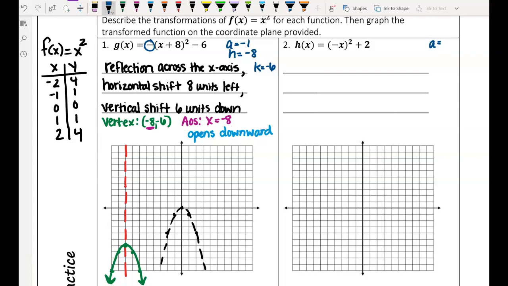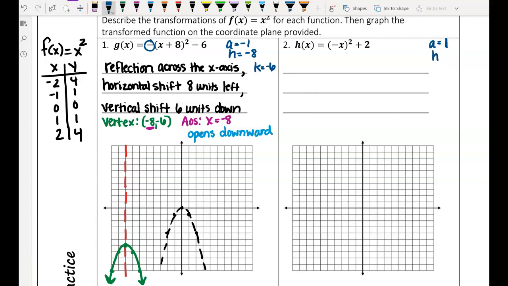So what number is in front of the parentheses here? Outside the parentheses. 1. There's nothing there. There's a 1, which we know means our transformed parabola is the same width as our parent function. We're not changing the width.